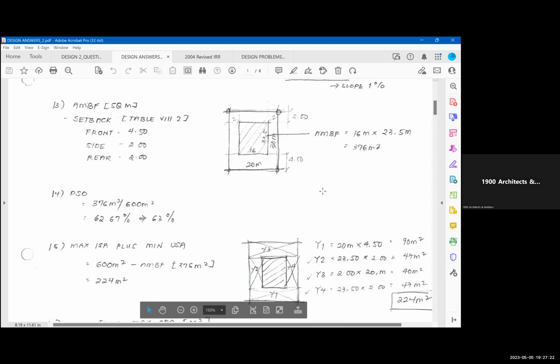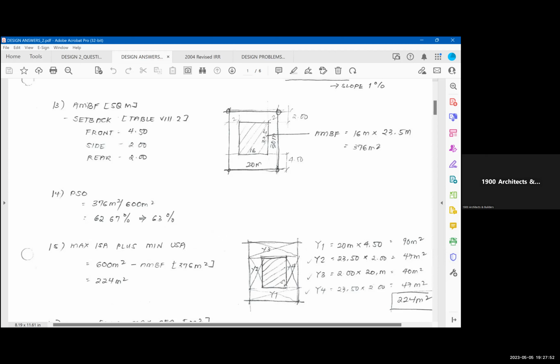Okay, so, pwedeng, if you refer dito sa right side, Y1, Y2, Y3, and Y4, eto, kinompute talaga natin yung mga setbacks. Depending on the setbacks, kinuha natin yung areas. Okay, so kaya natin nakuha itong 224 if you will compute it. But then, may formula rin ang ISA and USA na ELA minus AMBF lang naman yun.